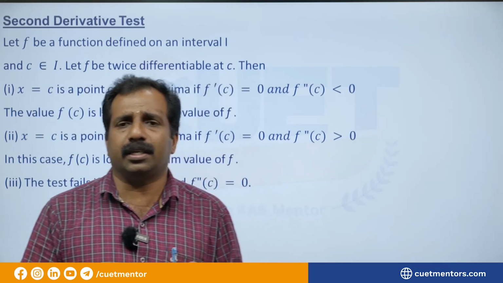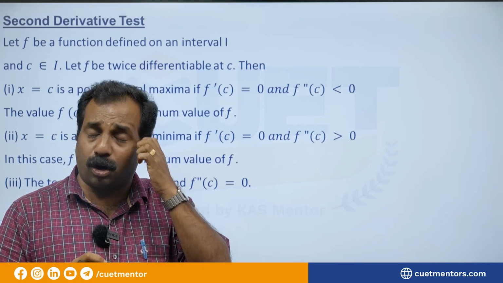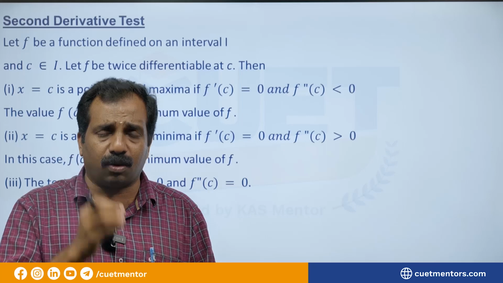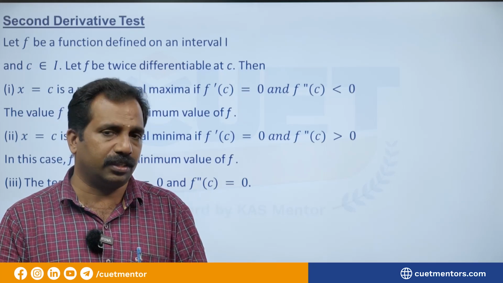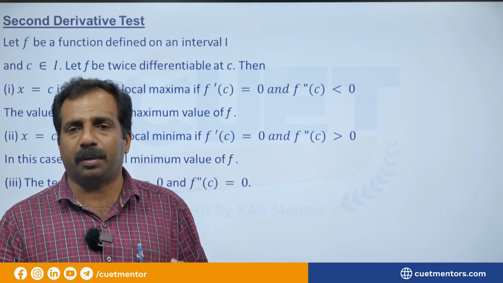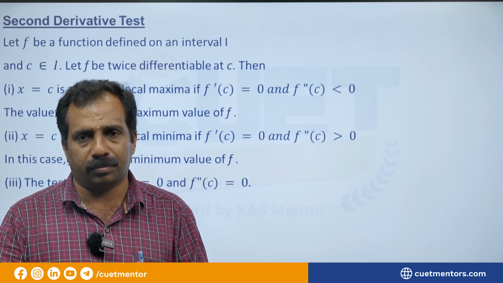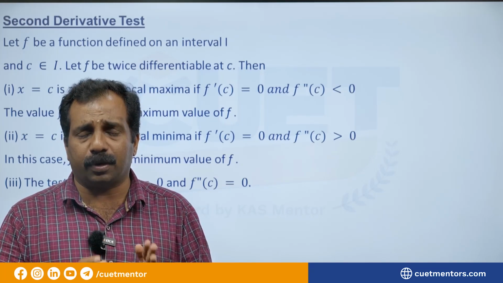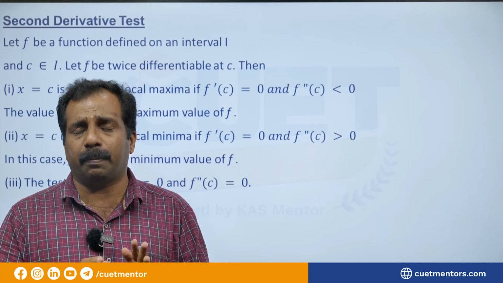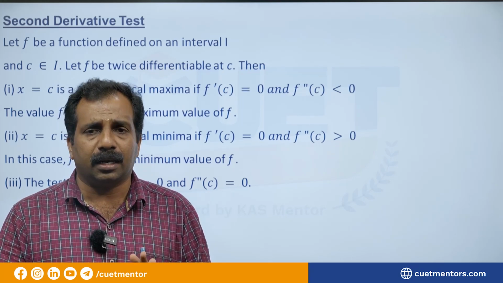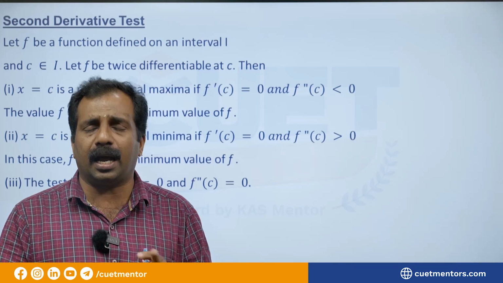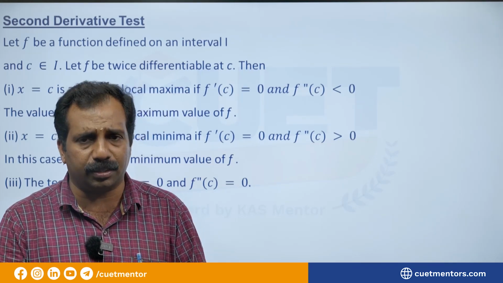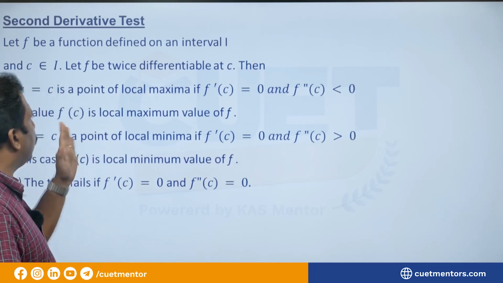We don't usually apply the first derivative test in most problems. Only when the second derivative test fails do we use the first derivative test to decide whether the function has a maximum or minimum at that particular point.